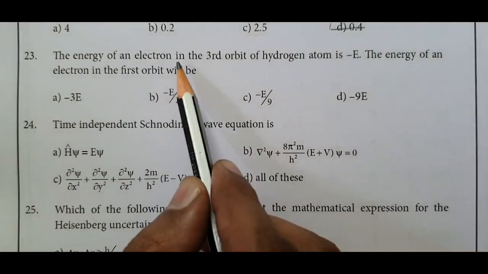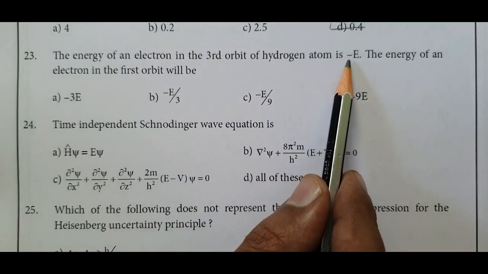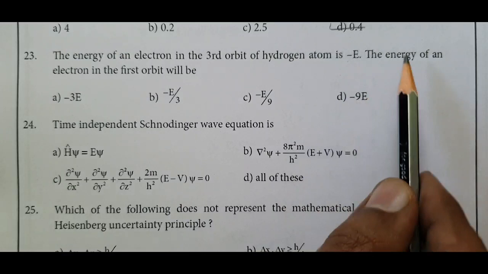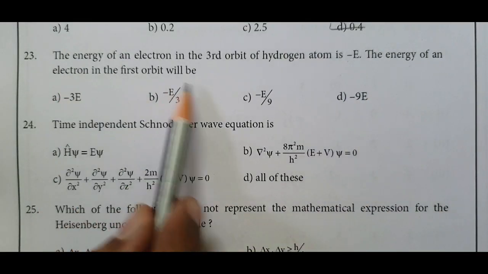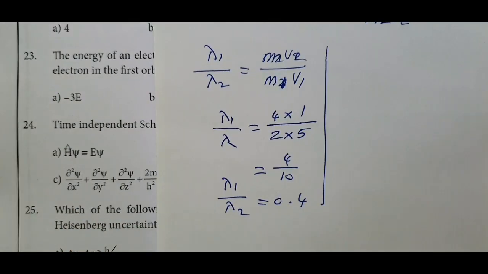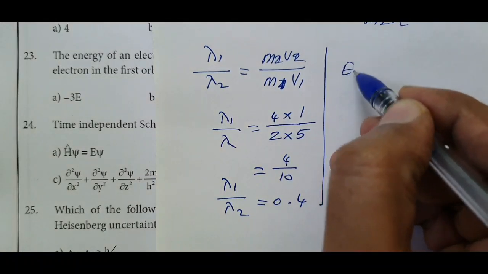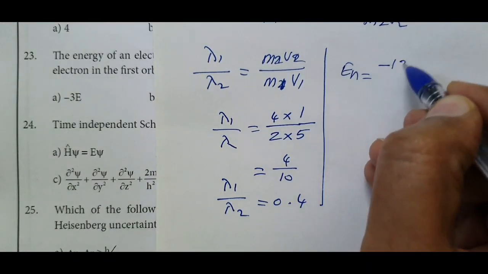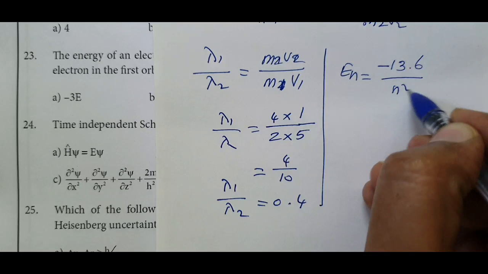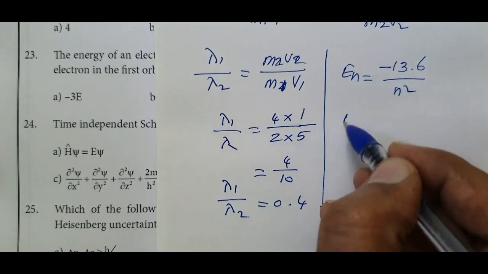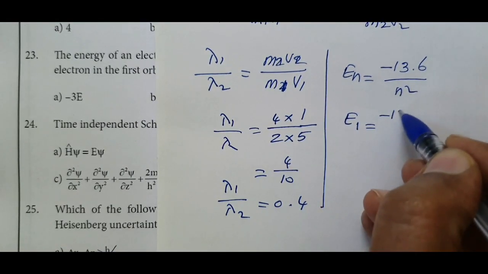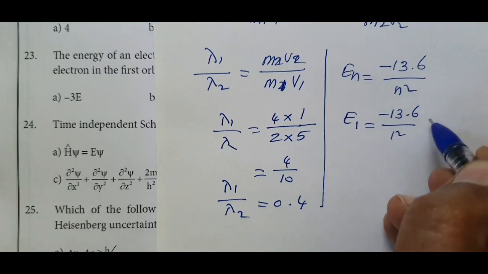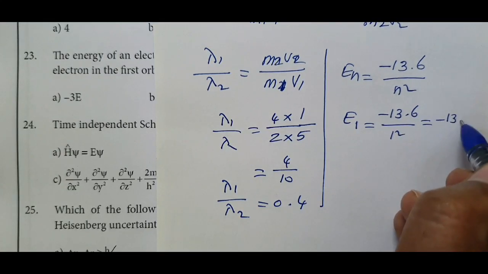Come to question number 23. The energy of an electron in the third orbit of hydrogen is minus E. The energy of an electron in the first orbit will be. We know the energy of the electron En equal to minus 13.6 divided by n square. Energy of the electron in the first orbit equal to minus 13.6 by 1 squared equal to minus 13.6.